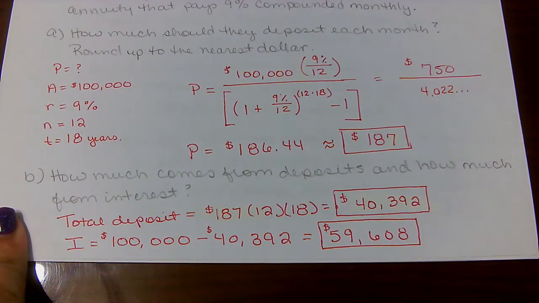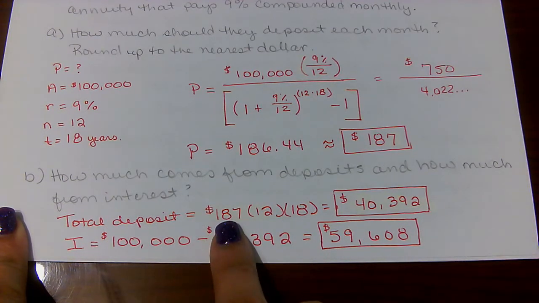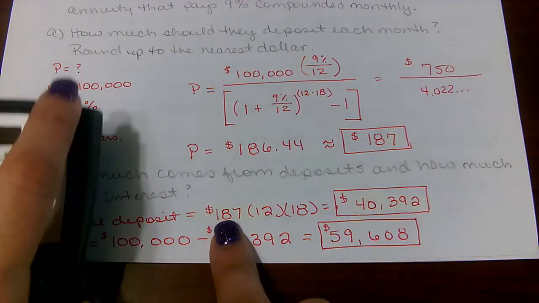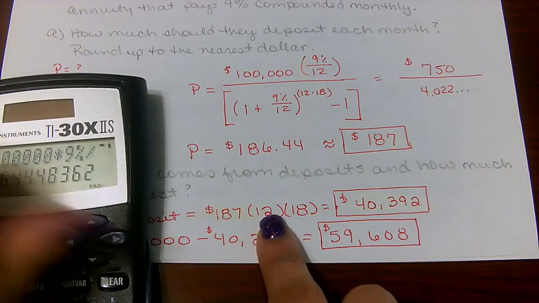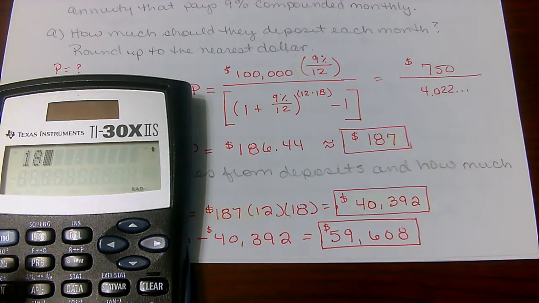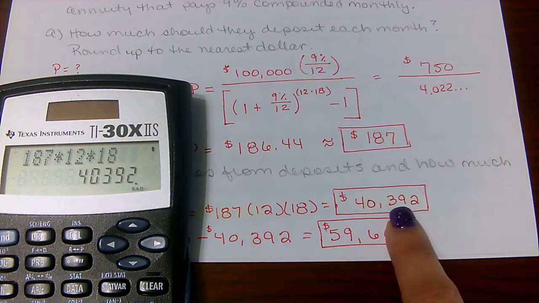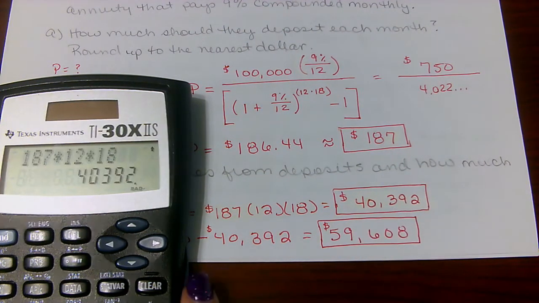Part B says how much comes from the deposits and how much from interest. So the total deposits is going to be $187 for 12 months for 18 years. So all I'm going to do is multiply these three numbers. I have $40,392.